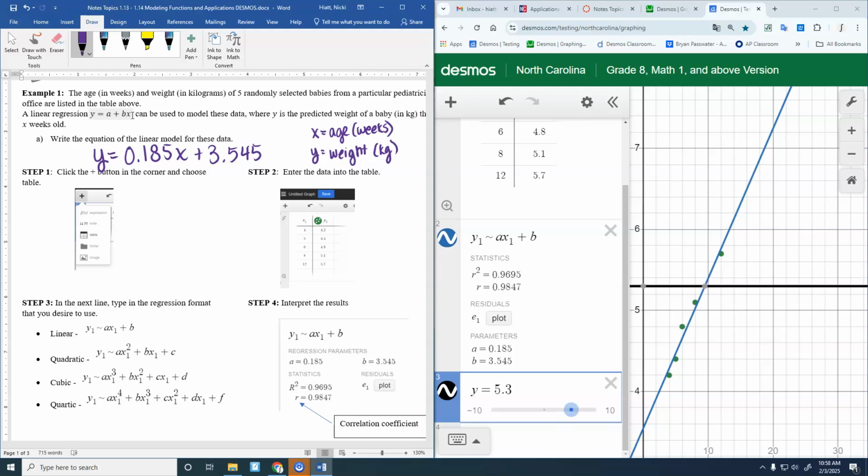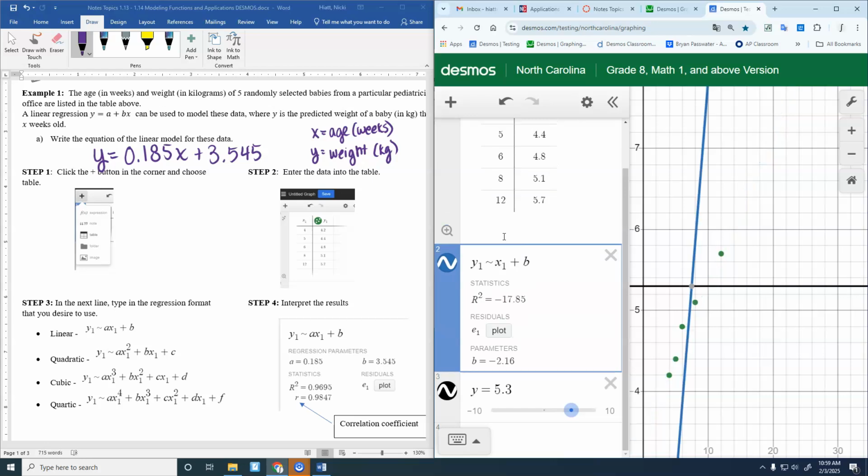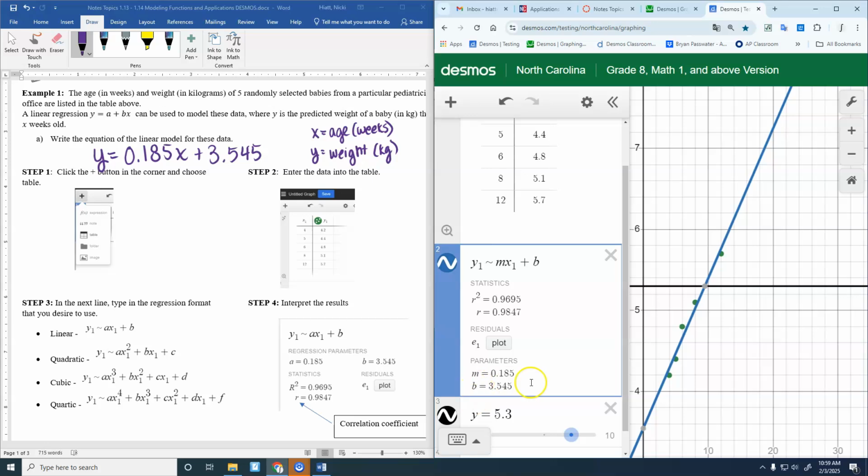I always do ax plus b, or to me a line is y equals mx plus b. I could change this to an m, and now it's going to tell me m is that number instead. I guess I probably should have written this as 3.545 plus 0.185x because of that format.